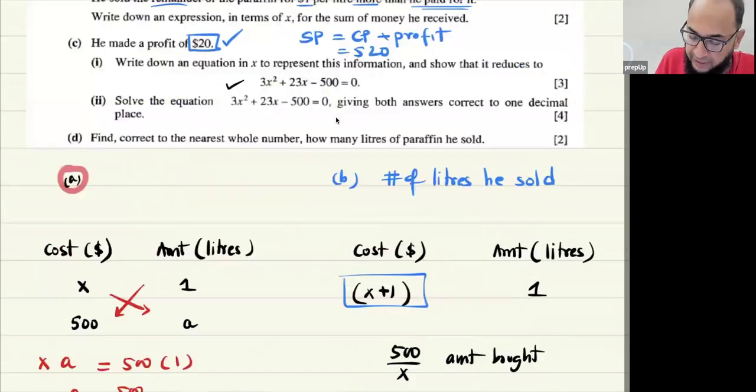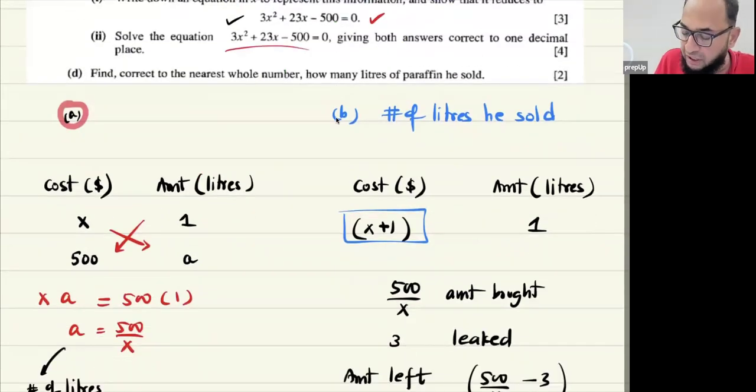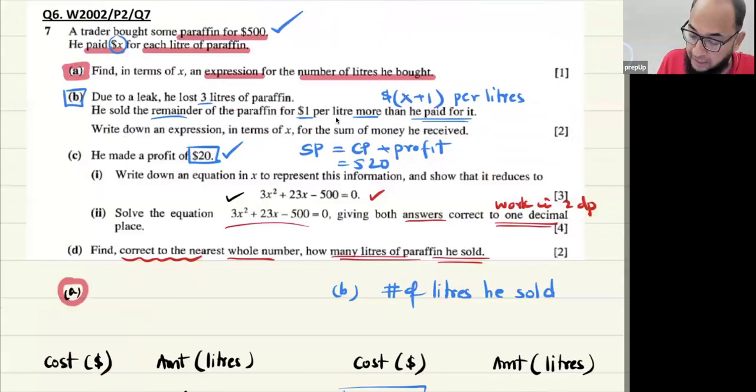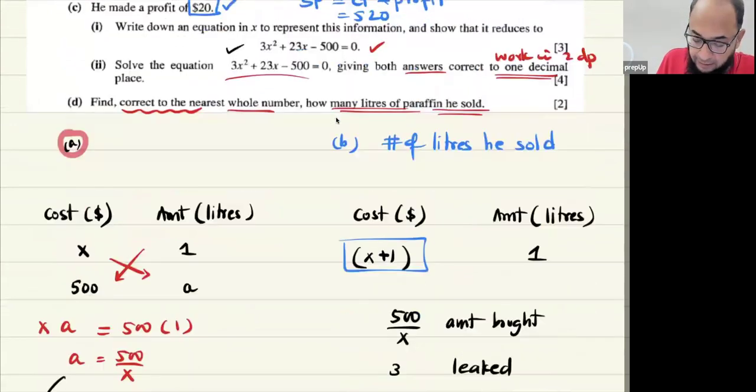So now this is 3x square plus 23x minus 500 is equal to 0. Solve the equation, giving both answers correct to two decimal places. And then it says find correct to the nearest whole number how many liters of paraffin he sold.